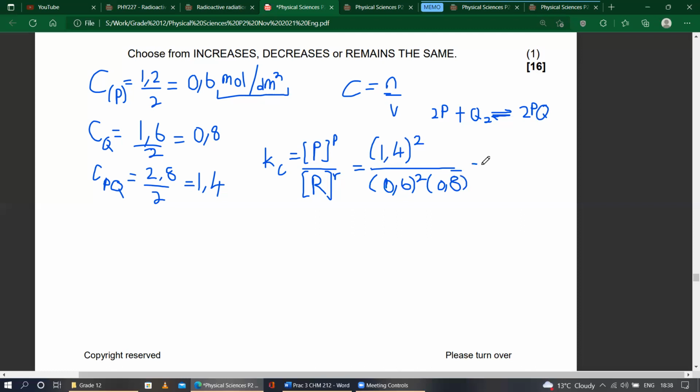Can you just quickly type this into your calculator? So what answer did you get? Must I round off to 2 decimals? Yeah. So then I get 6.81. So that's going to be our equilibrium constant at 350 Kelvin.